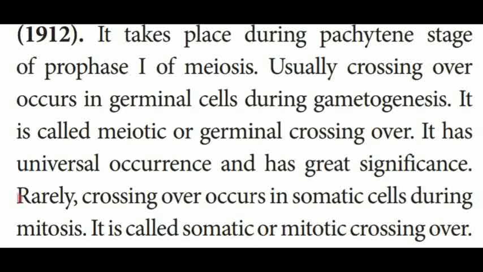That's why the points are given here. The crossing over that occurs in the somatic cell is named somatic or mitotic crossing over. That one is the meiotic or germinal crossing over. So these are the two types of crossing over based on occurrence in the body cell as well as the germinal cell.